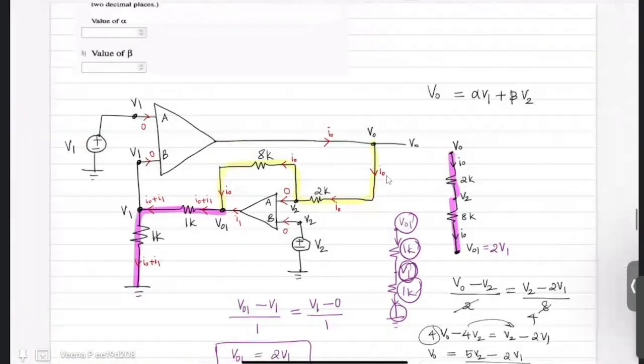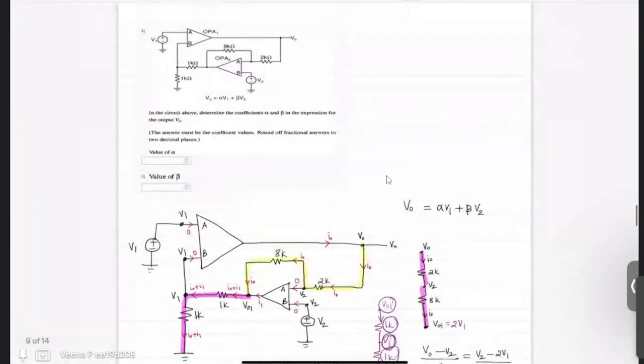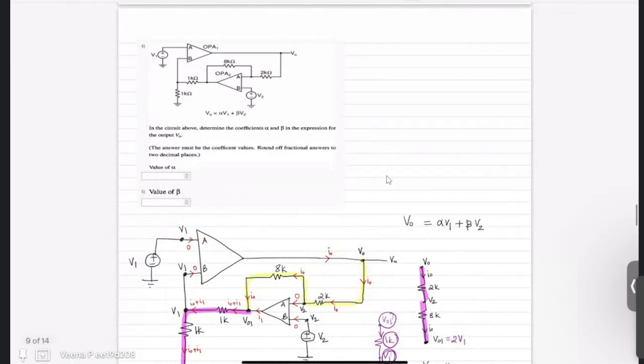So this is how you solve these questions. You will identify that the current in the input of an op-amp, you make it 0.